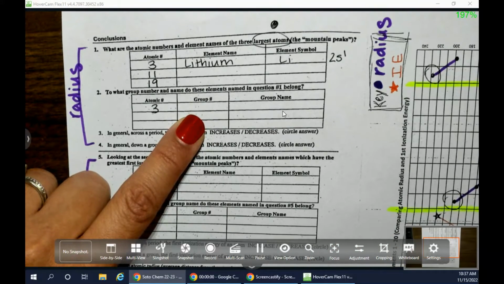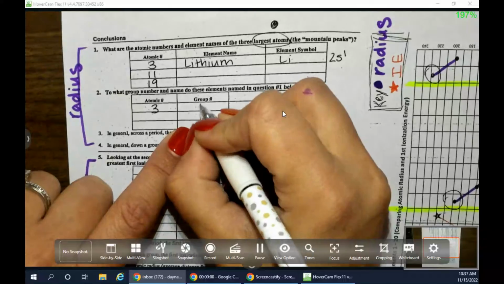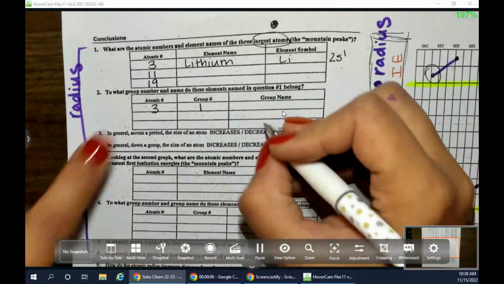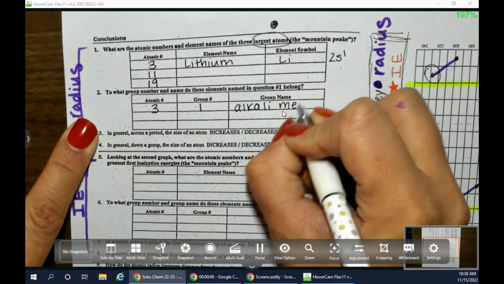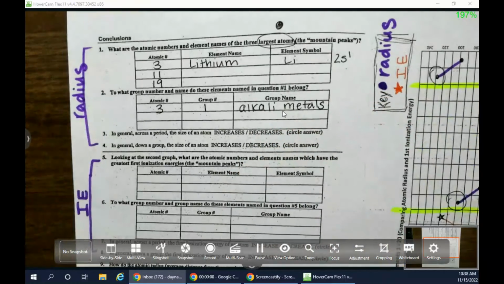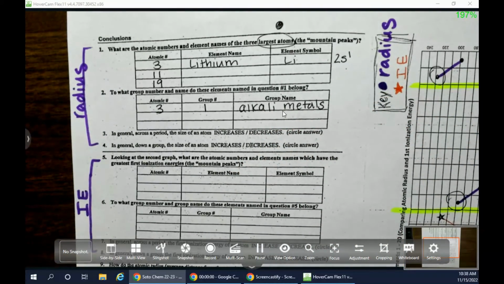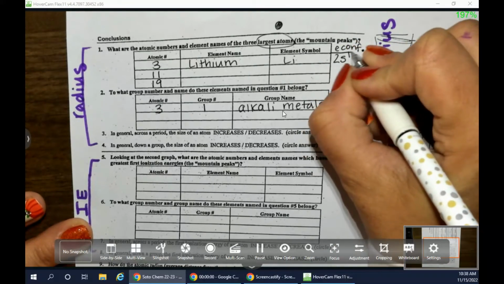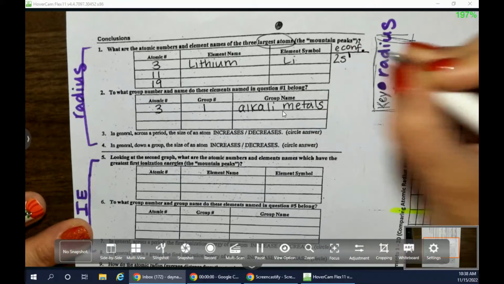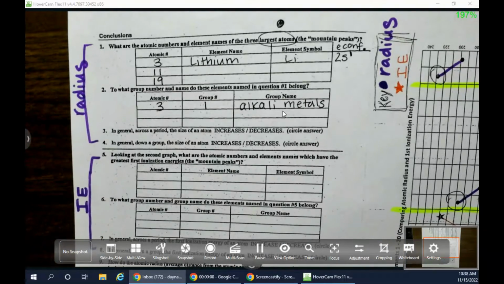Yep. Group 1. And group name? You said alkali metals. Okay, so you're going to do the same thing for your 11 and 19.